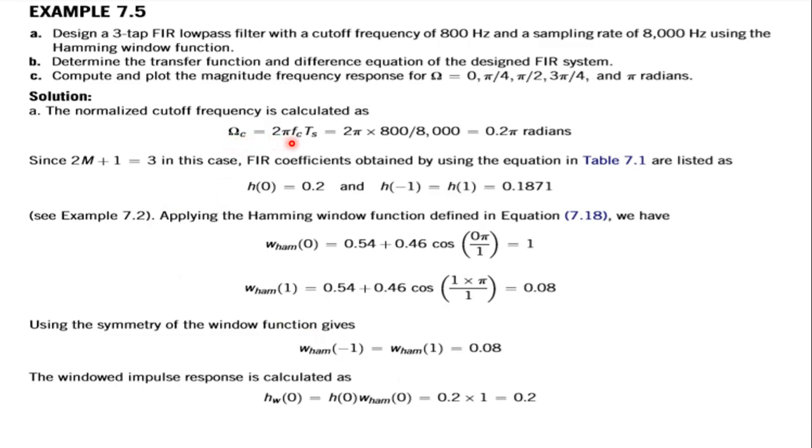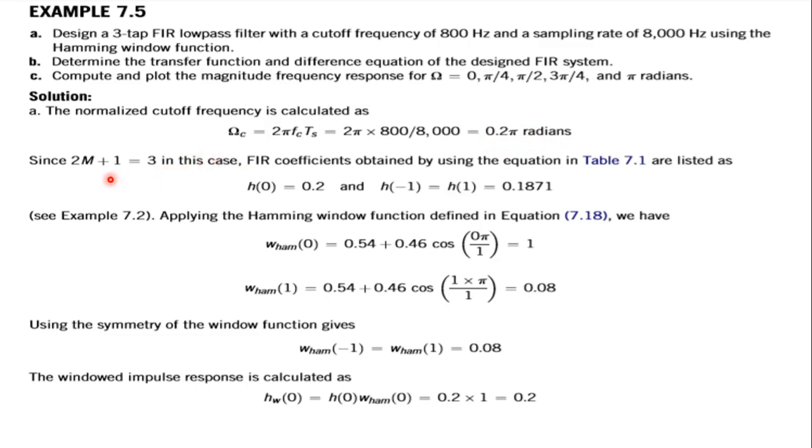Omega c equals 2 pi fc into Ts. Ts comes from the sampling frequency, as it is the reciprocal of the sampling frequency. 2 pi is the constant, fc the cutoff frequency is 800, and Ts is the reciprocal of the sampling frequency, that is 1 over 8000, and after calculating this we will get the cutoff frequency as 0.2 pi radian.